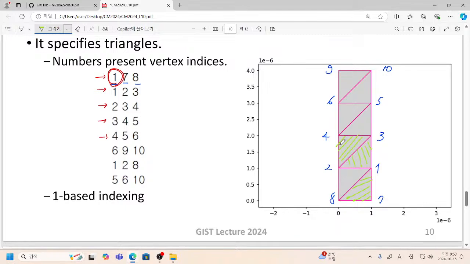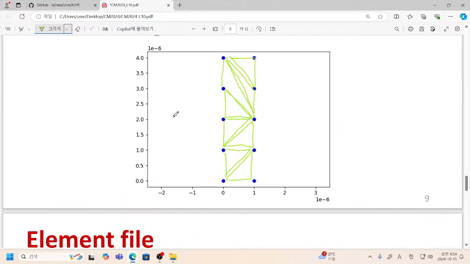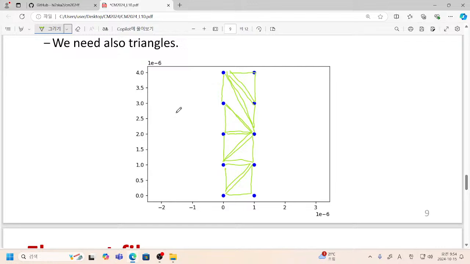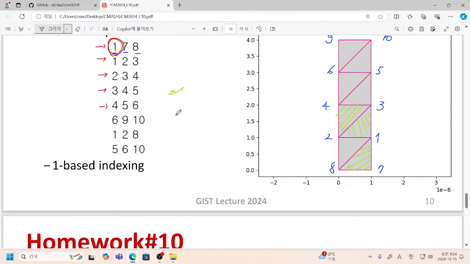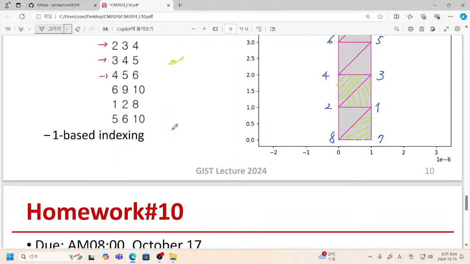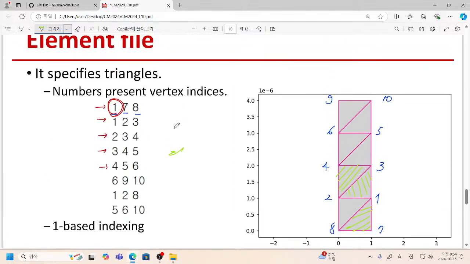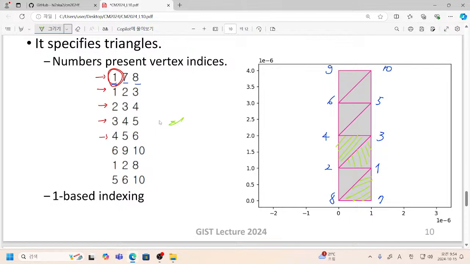This one shows a quite regular shape of our triangles, and the above one shows a little bit irregular shape of our triangles, so they can sometimes show different numerical characteristics.